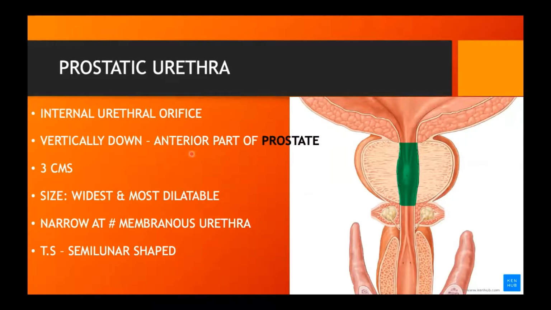It becomes narrow at the junction where it continues as the membranous urethra. In transverse section, it looks semilunar shaped. In this picture, you can see the green colored area is the prostatic urethra.